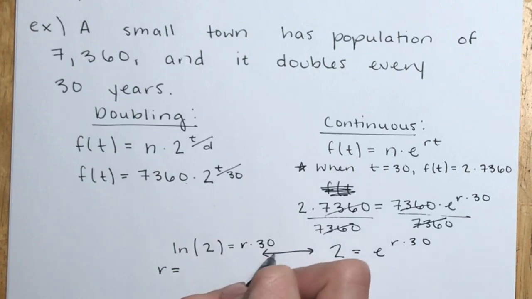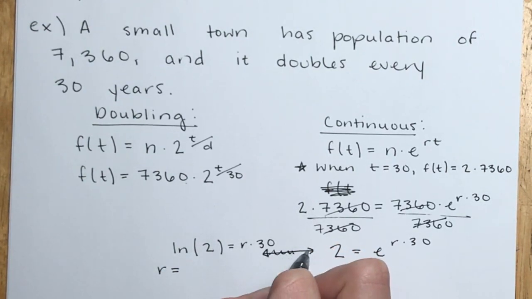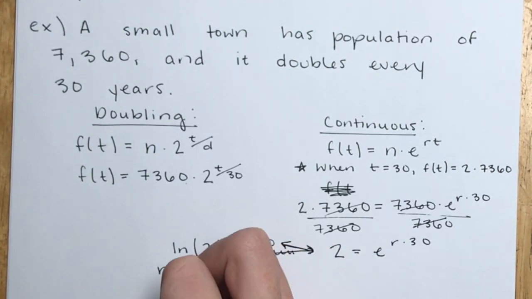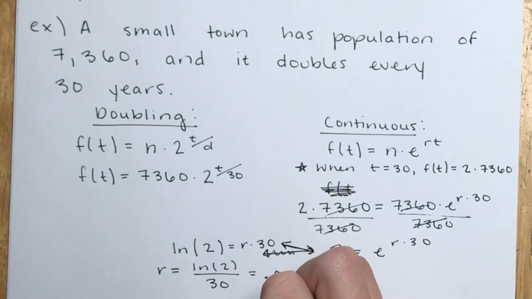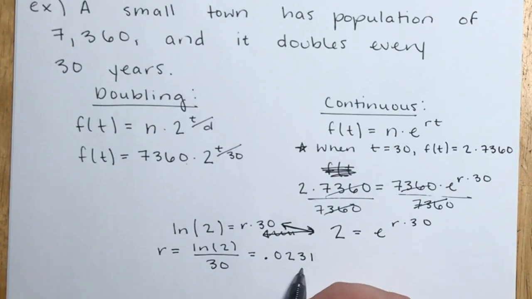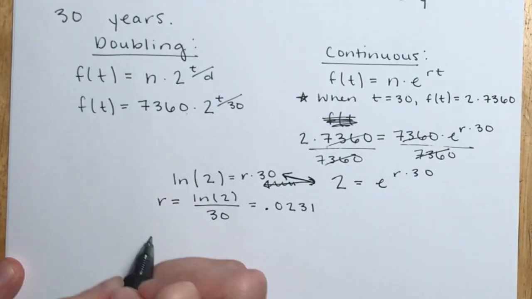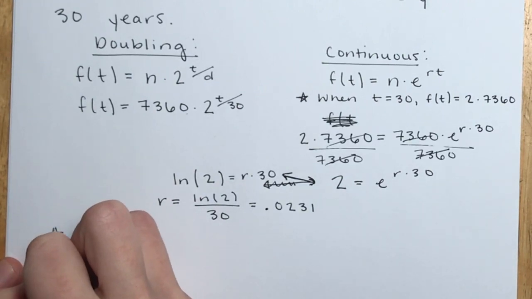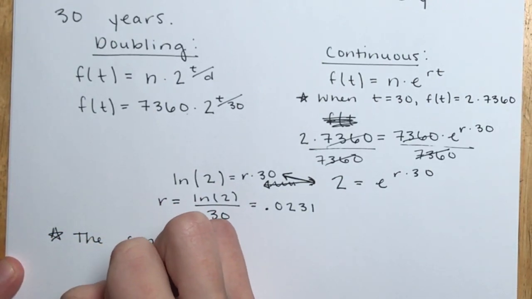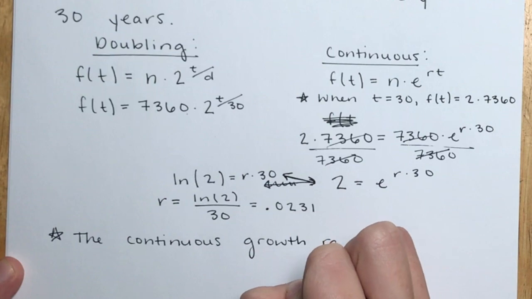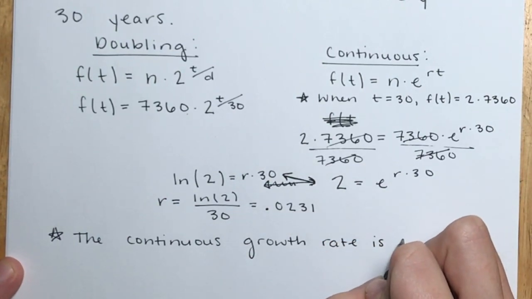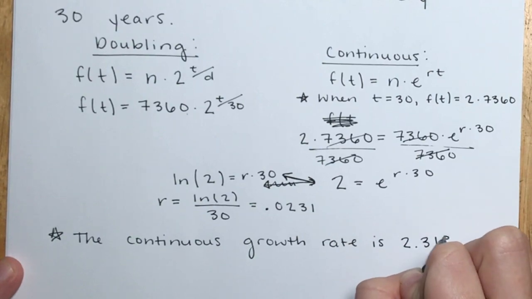So r equals, so that's this guy. So r is equal to ln of 2 divided by 30, which is 0.0231. What does this mean? Well, this means that the continuous growth rate is 2.31%.